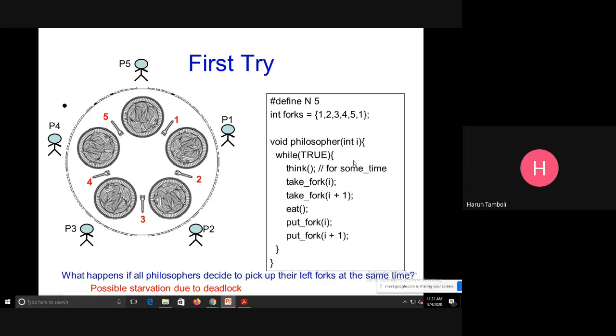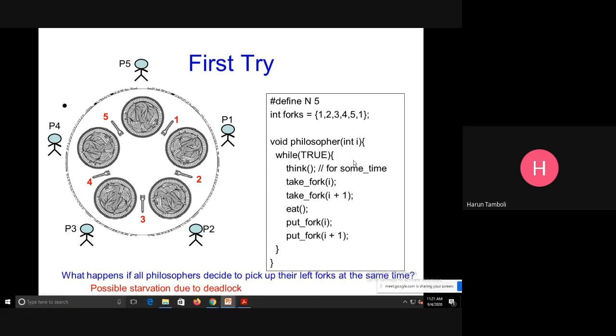Similarly, when P2 tries to occupy the third chopstick, which is on his left, it is already occupied by P3. So P2 also goes into the waiting state. Likewise, P3, P4, and P5 all go into the waiting state.